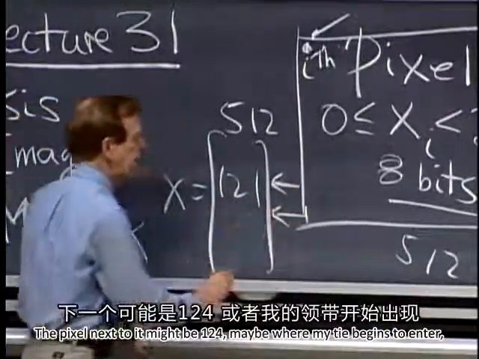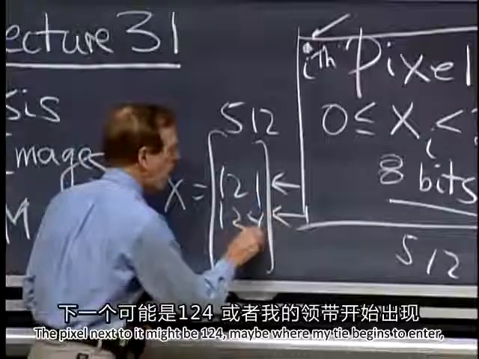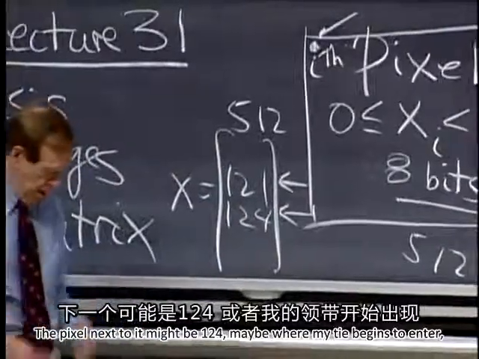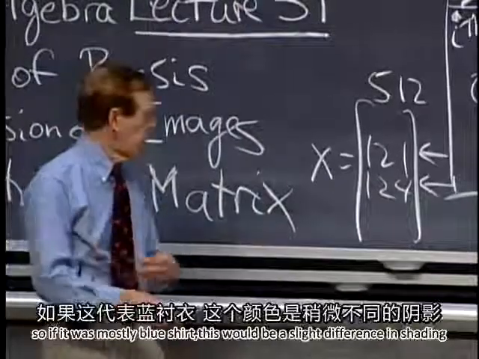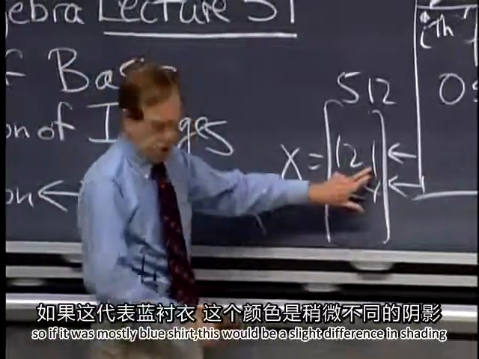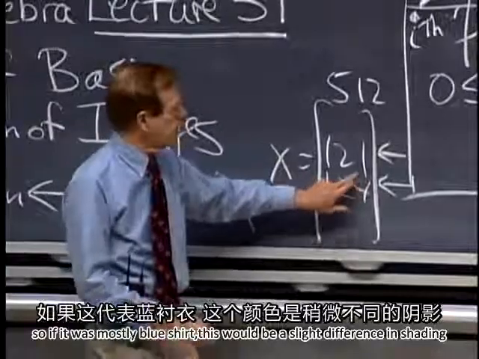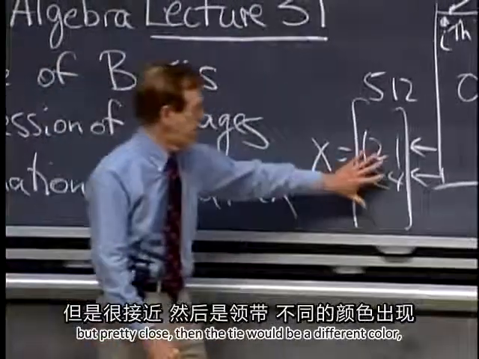The pixel next to it might be 124, maybe where my tie begins to end. So if it was mostly blue shirt, this would be a slight difference in shading, but pretty close.